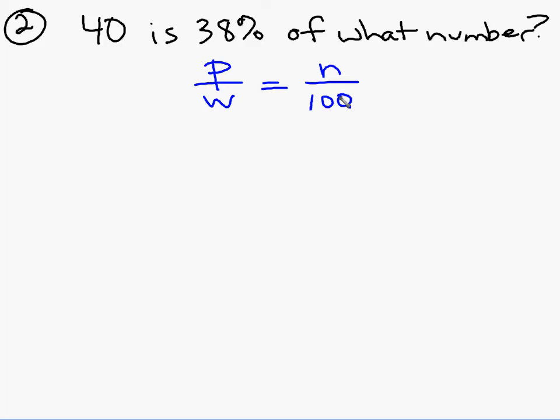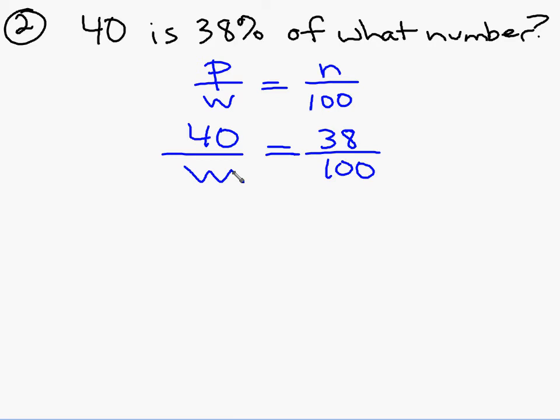So where do I put the 38? Over 100. So this time, since I'm given a percent, it goes over 100. Now, you really have to think through and understand these problems. 40 is 38% of what number? Is 40 the part or the whole? 40 is the part. Very good. So this time, I'm trying to find the whole, because 40 is a percentage of a number.